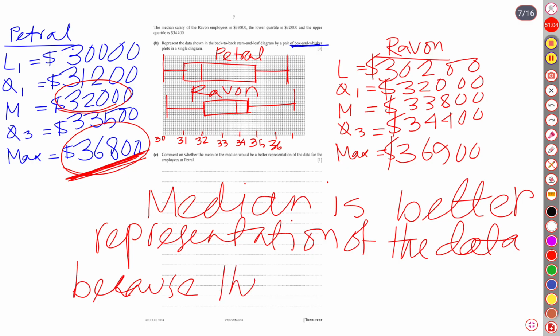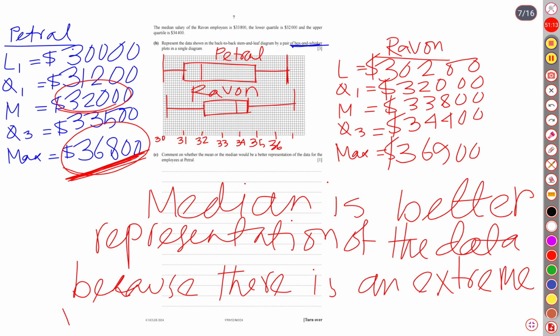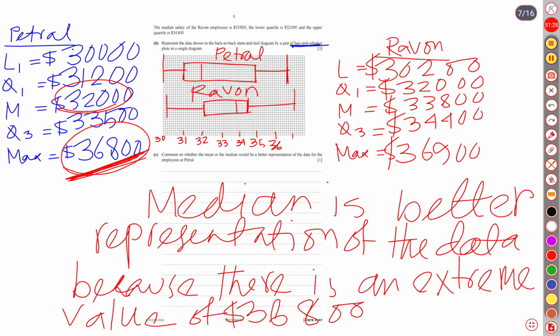there is an extreme value. What is the extreme value? 368 US dollar. Okay, so median is better due to the extreme value of the salary.